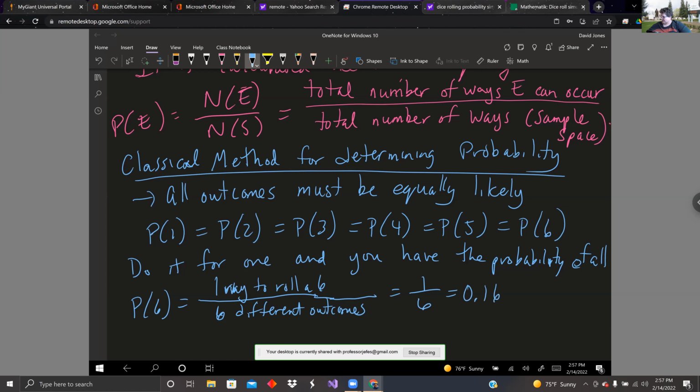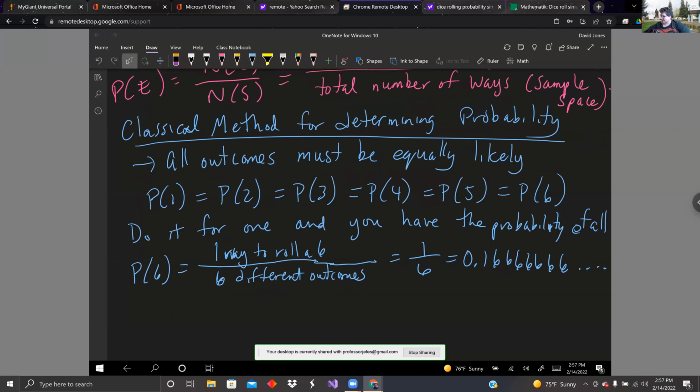If you throw that in a calculator, 0.1666666666666, it keeps going. And if I want to write this as a percentage, as we often do as humans, math requires the decimal, but we like to look at this as a percentage. We move the decimal right twice, and I get 16.6666, it keeps going, percent. And that's where they got the number on that die simulator.